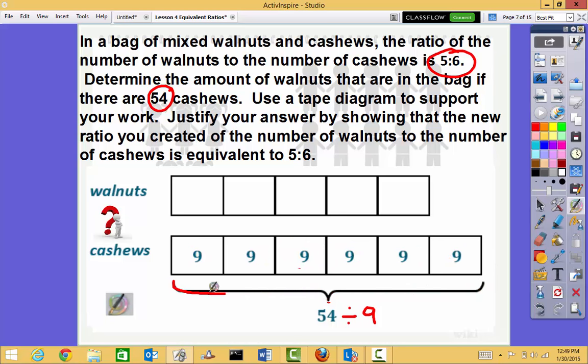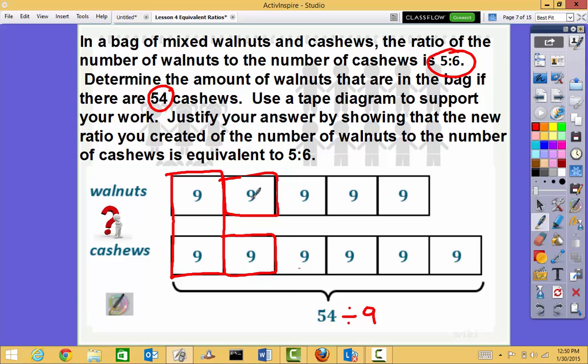Okay, here's our important part. Notice how these boxes are the same size. This box here is the same as this box here. What do we know if something's the same? Well, that means its numbers are the same as well. So this is all 9 right up here. So how many walnuts do I have when I have 54 cashews?